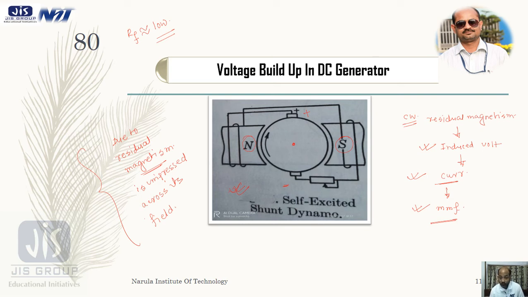And this cumulative process of generation of voltage in DC generator is called voltage buildup or buildup of a generator.